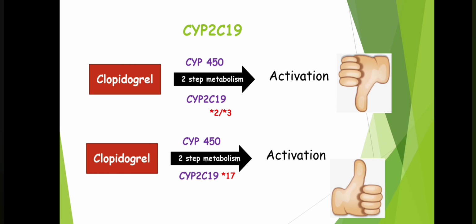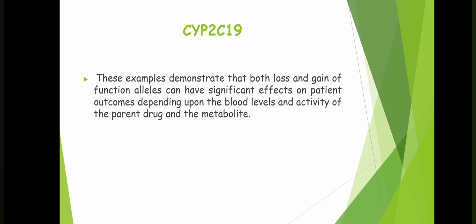So either way, both are harmful. These examples demonstrate that both loss and gain of function alleles can have significant effects on patient outcome depending upon the blood levels and activity of the parent drug and metabolite.